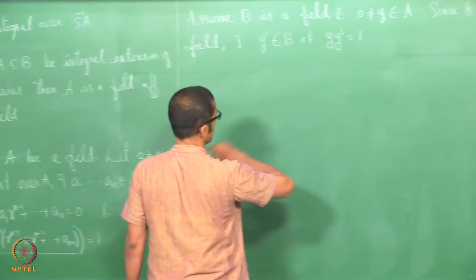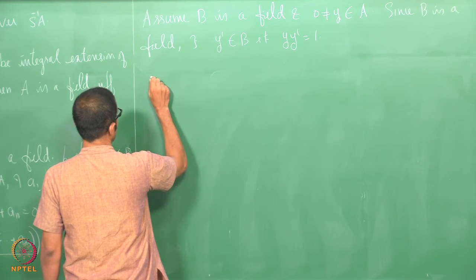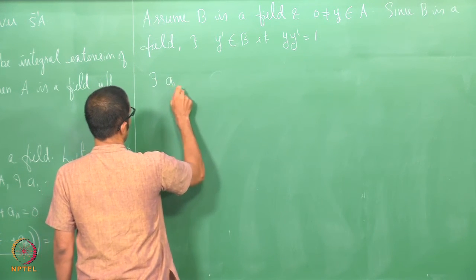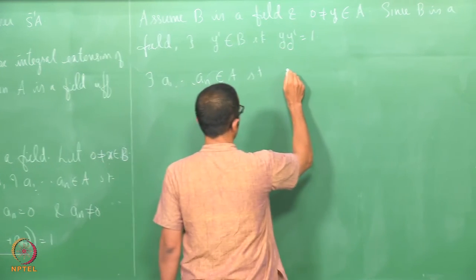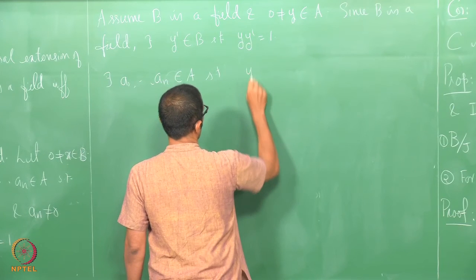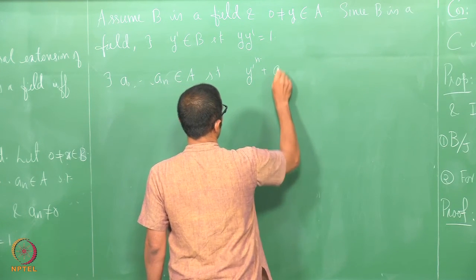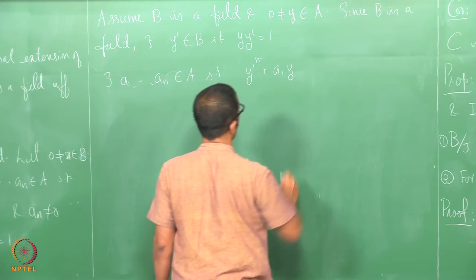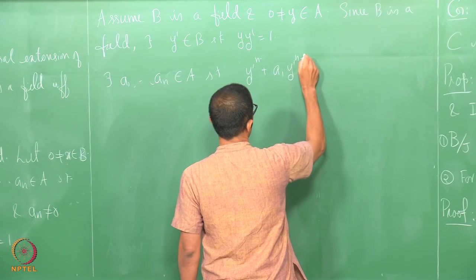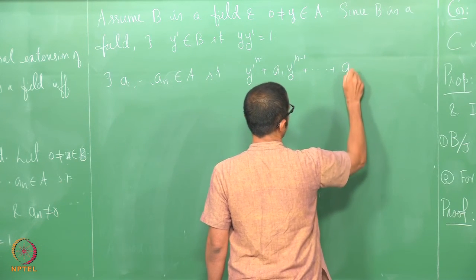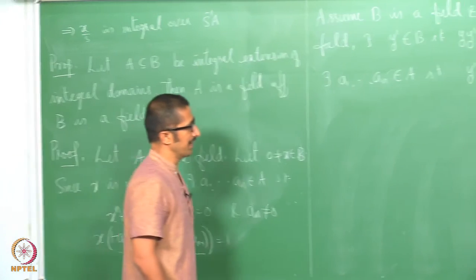Now, y prime is integral over A, therefore there exist a1 up to an in A such that y prime power n plus a1 y prime power n minus 1 plus etcetera an is 0.